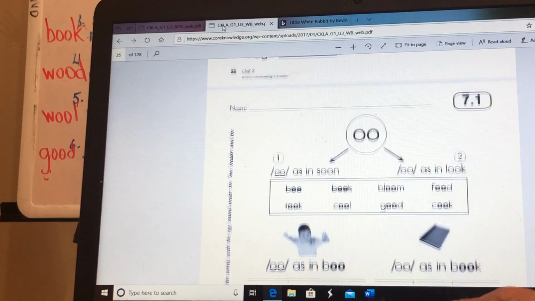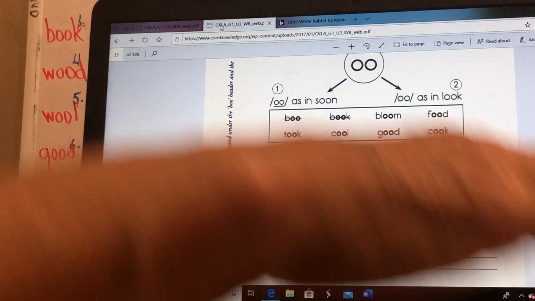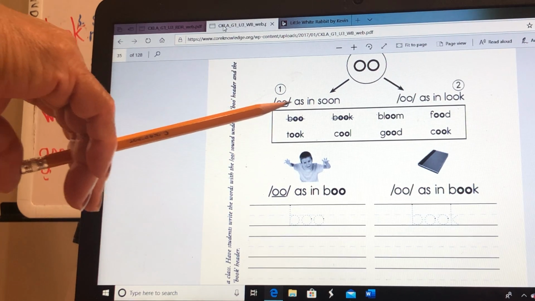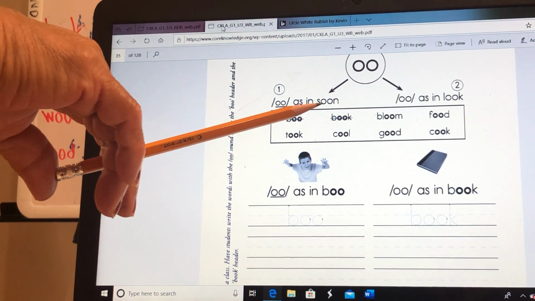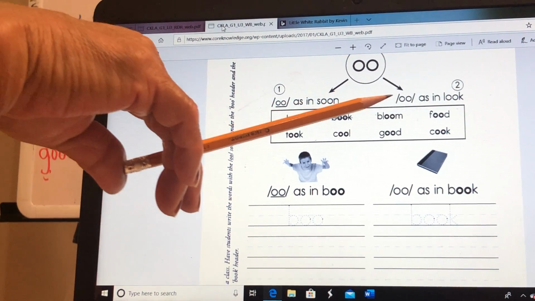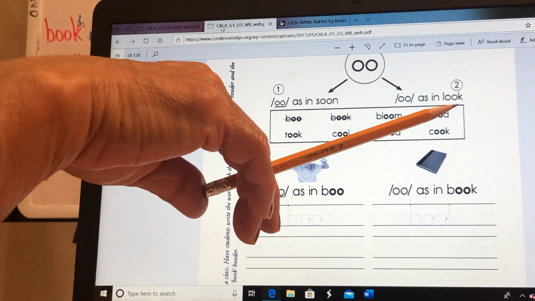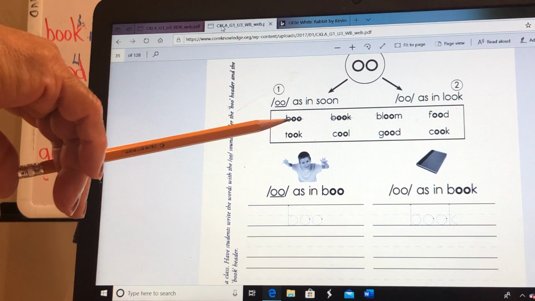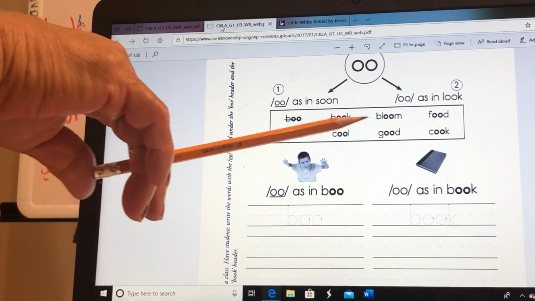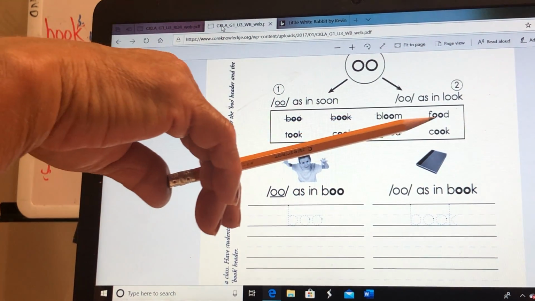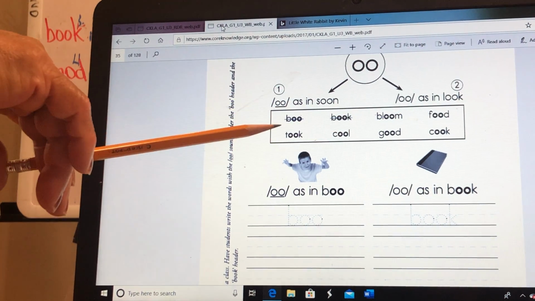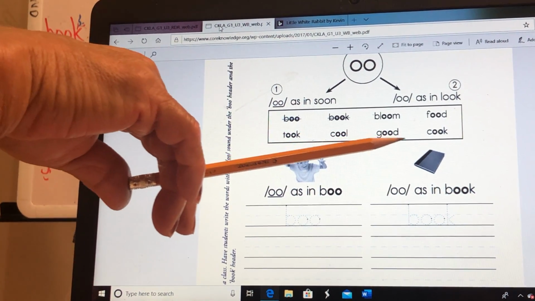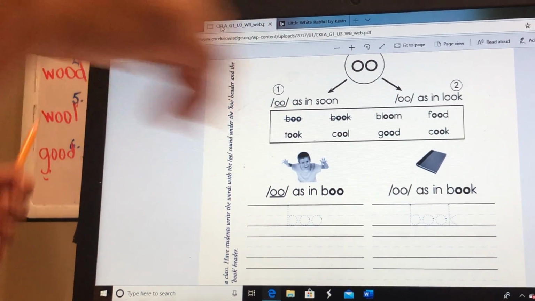And I'm also going to give you this sheet because this is a sheet that gives you some words in a word box that has O-O as in soon, and that would be the oo sound, and O-O as in look, and that would be the ook sound. So these words are boo, book, bloom, food, took, cool, good, cook.